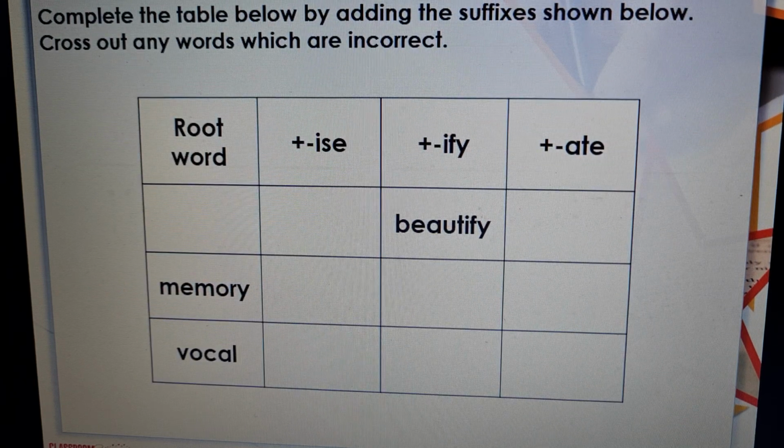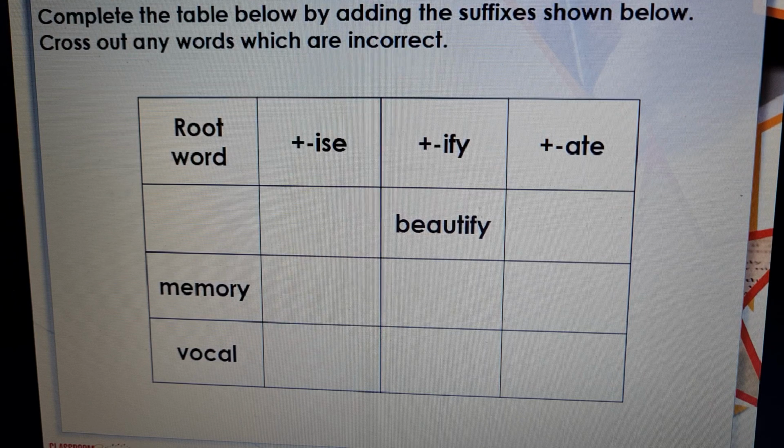Complete the table below by adding the suffixes shown below. Cross out any words that are incorrect. Well, if you can copy that table out, and then we've got our ISE, IFY and ATE suffixes, and we've got some root words. Okay, we've got two root words there that we know of. We've got memory and we've got vocal.